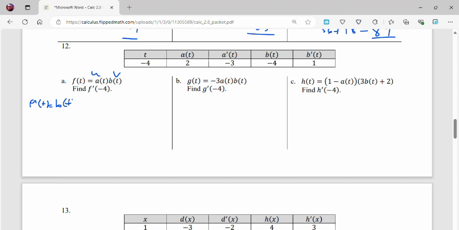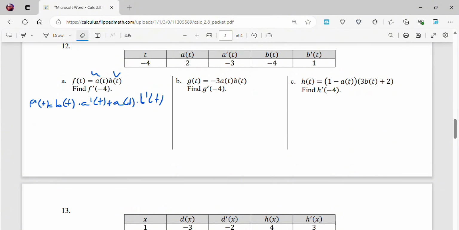So b of t times a prime of t plus u, so a of t, times v prime, so b prime of t. So erase this.